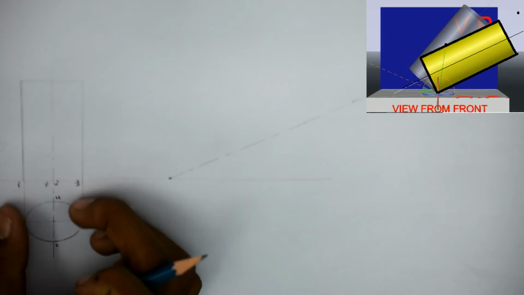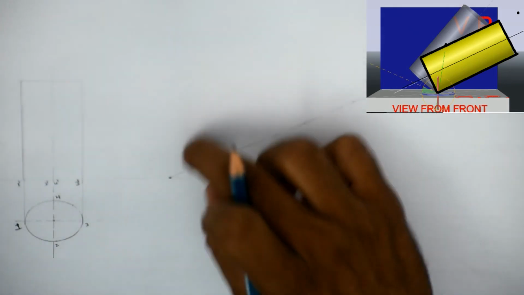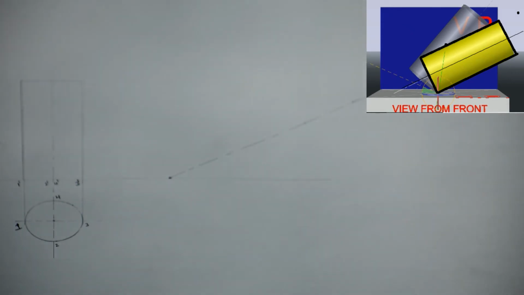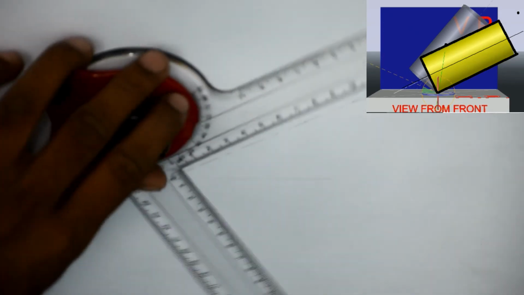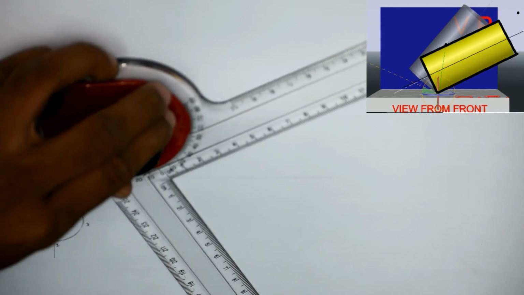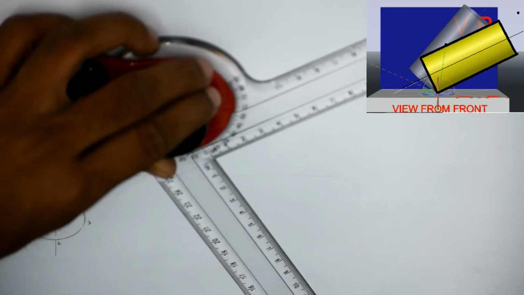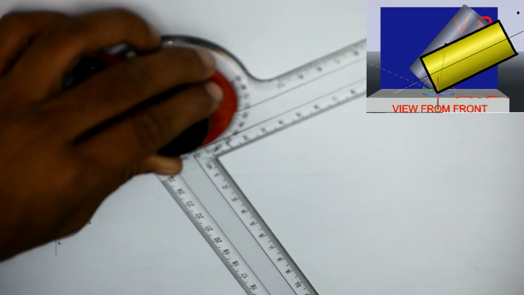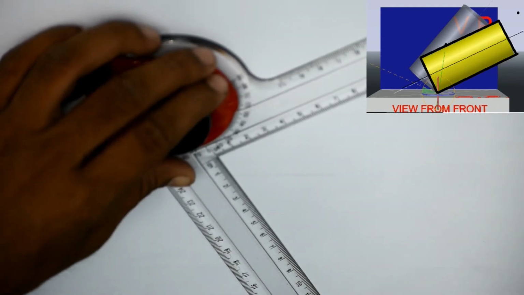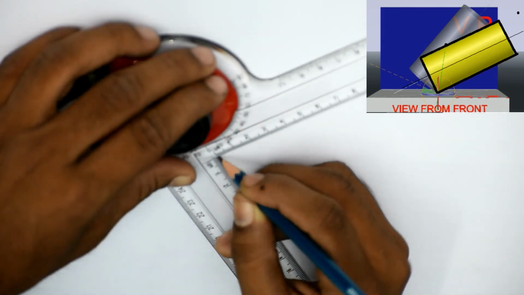So as you can see here, 1 dash, 2 dash, 4 dash, 3 dash, we need to take this base at this position. So how much is this base? 30 mm. The easiest way is to adjust the drafter scale inclined to this, and we can measure this as 15 mm. This is a little bit complicated, and this is my way of drawing the inclined figures.